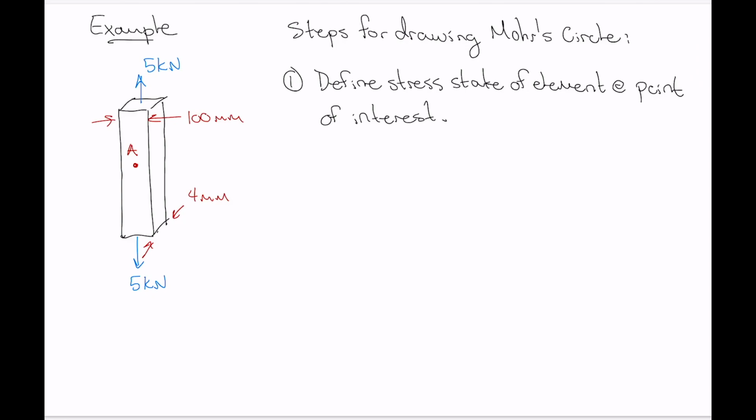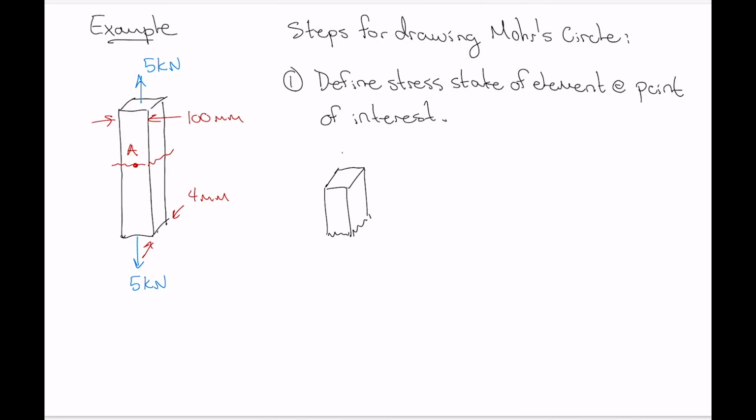So this first step can be a fairly lengthy process, or in simple cases, it can be an easy process. So for us here, what we're going to do is take a section cut through the object at our point of interest here. So what have we got there? We've got something that ends up looking like this.